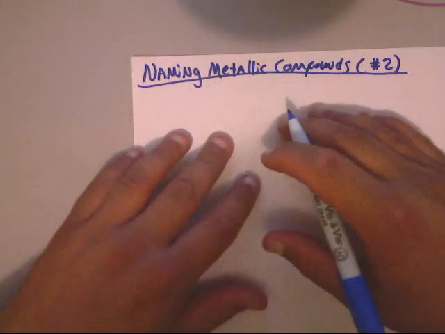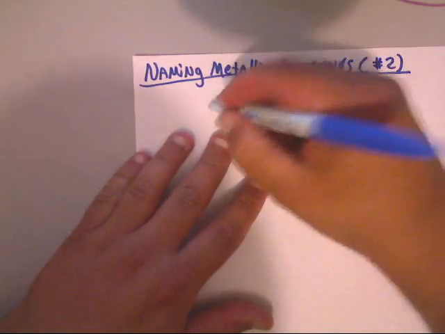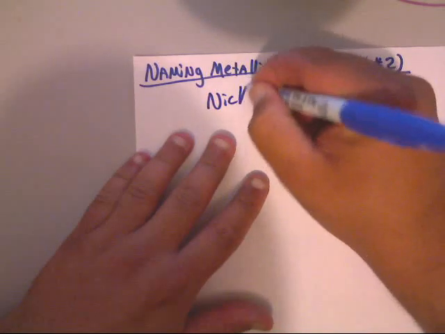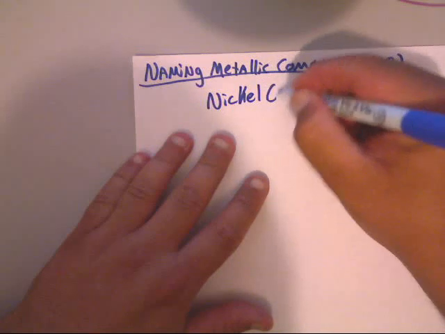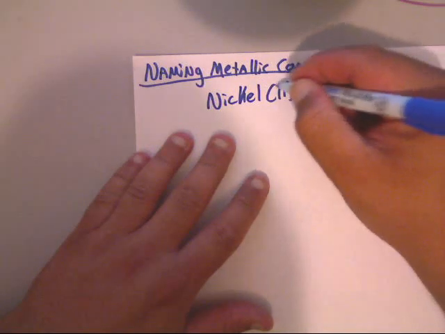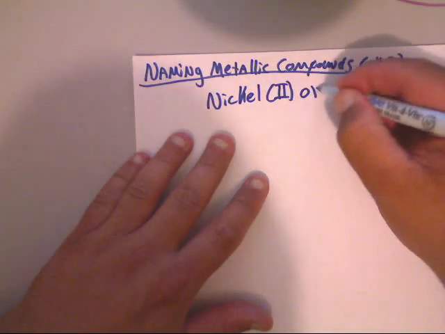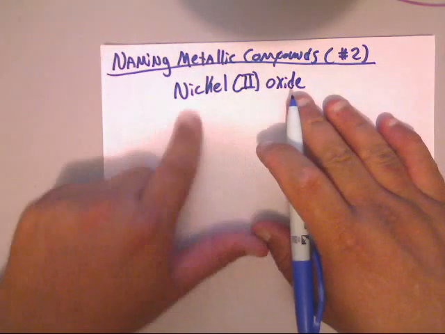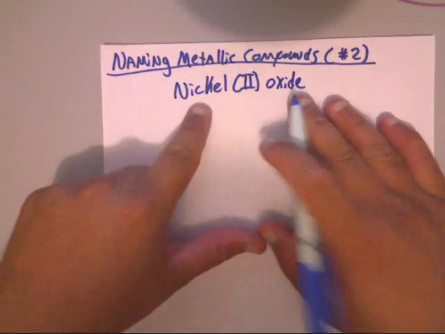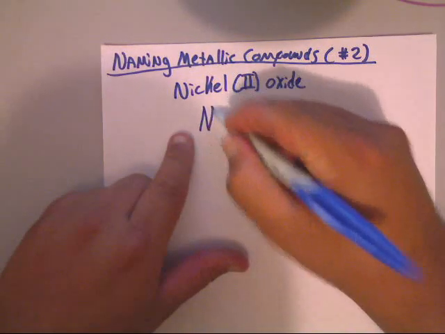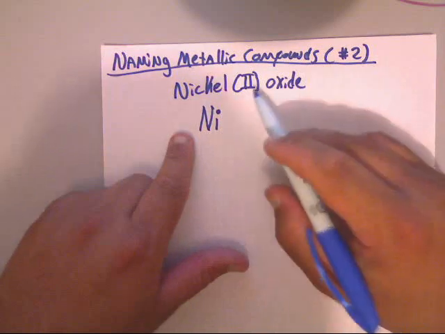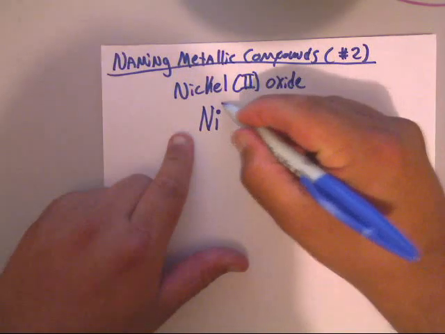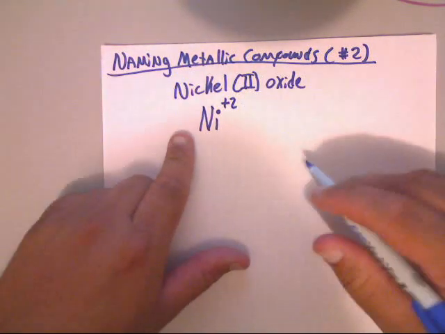Now let's say they gave you the name nickel 2 oxide. They wanted you to write the formula. When you're given this name, this is kind of easy. When they give the Roman numeral, you know the charge on the nickel. The symbol of nickel is Ni, and when they tell you 2, you know the charge. So it's Ni plus 2.